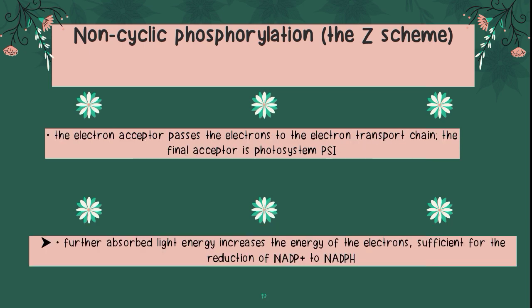The electron acceptor then passes the electron to the electron transport chain. The final acceptor is photosystem PS1. Further absorbed light energy increases the energy of the electron sufficiently for the reduction of NADP+ to NADPH.